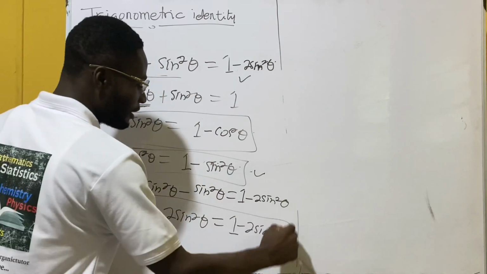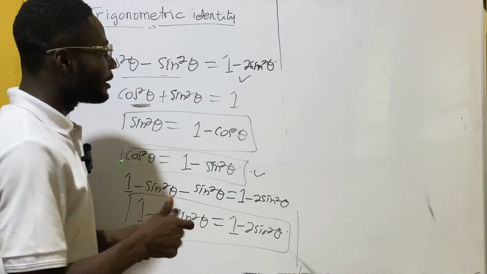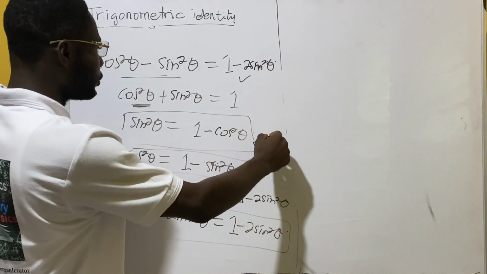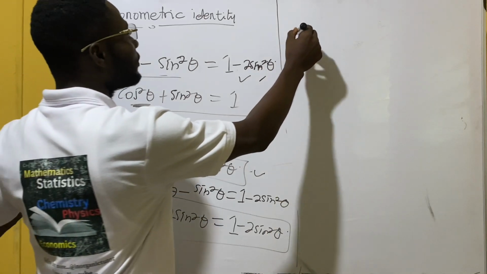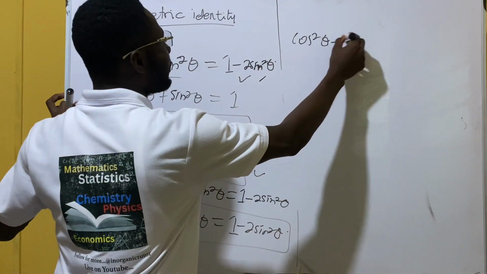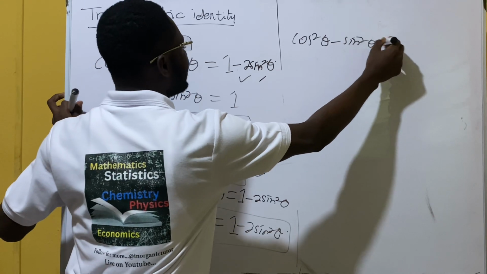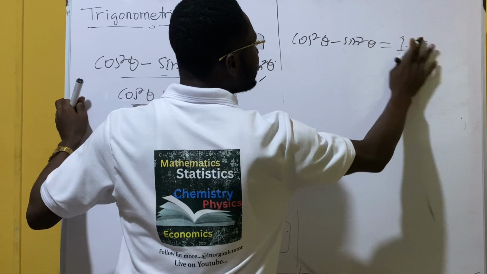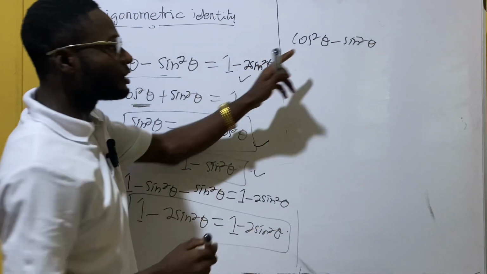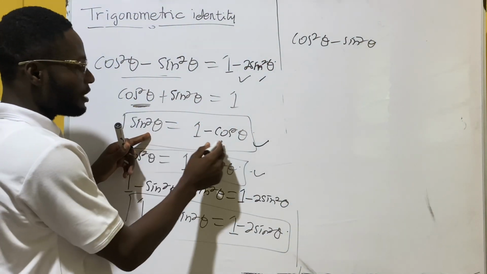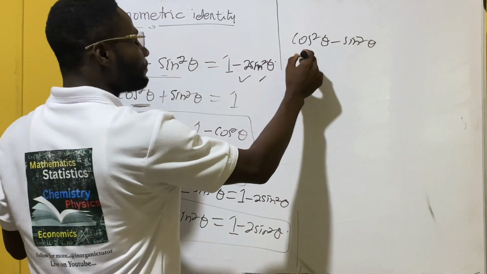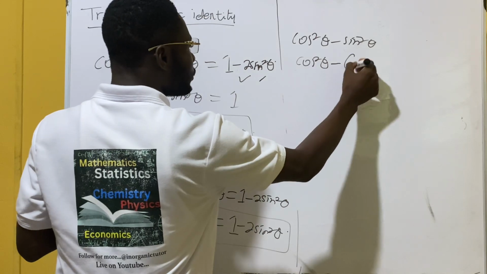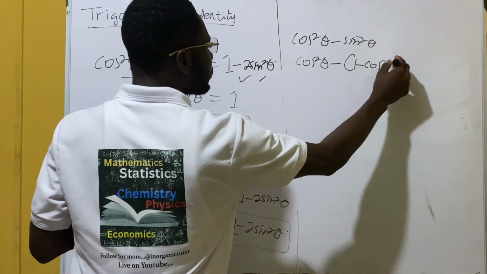So this is also an identity. Now let's substitute sine squared theta into cos squared theta minus sine squared theta. We're going to have cos squared theta minus, in brackets, 1 minus cos squared theta.